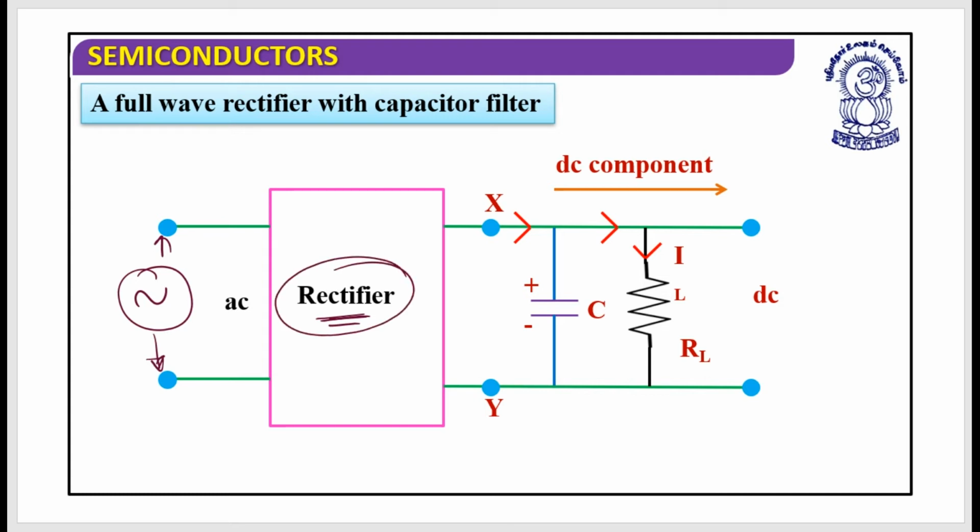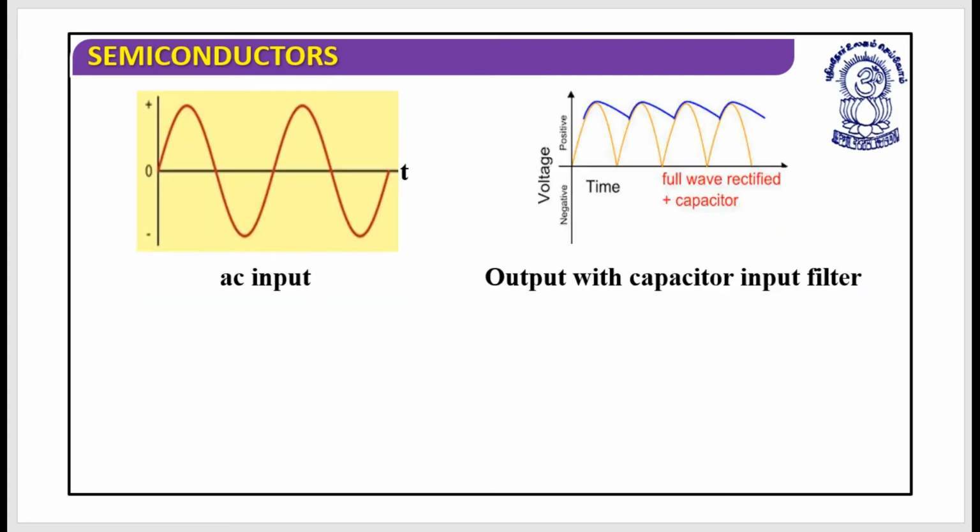When the rectification task is performed, the output of this rectification, which was pulsating DC, not pure DC, is applied to the capacitor. And when it is applied to the capacitor, the output across RL will now be pure DC. I hope this is clear. So this is how it will behave.